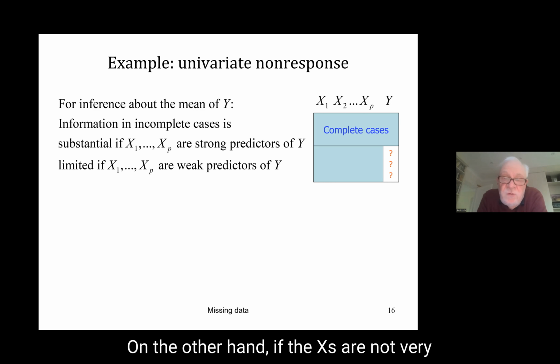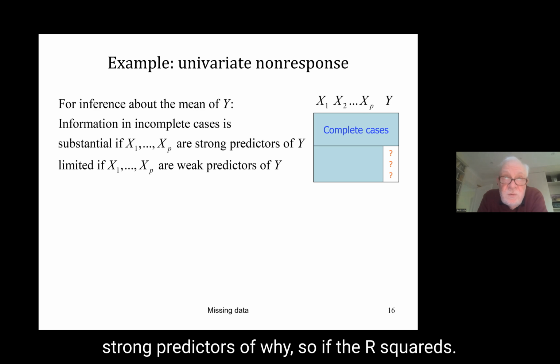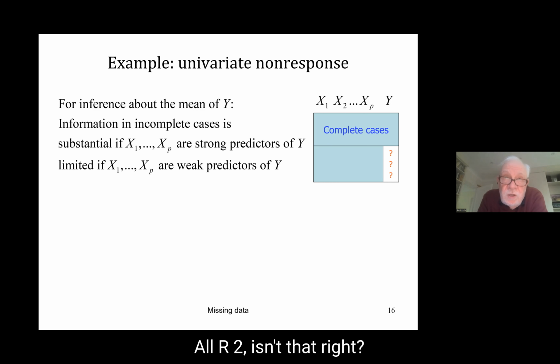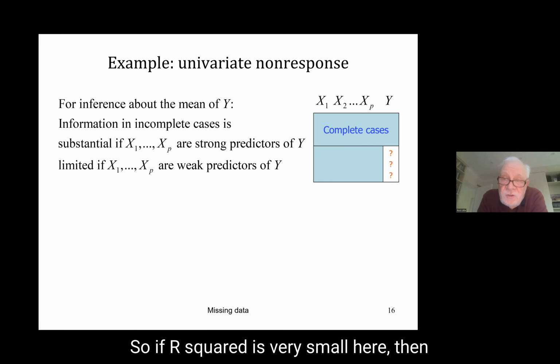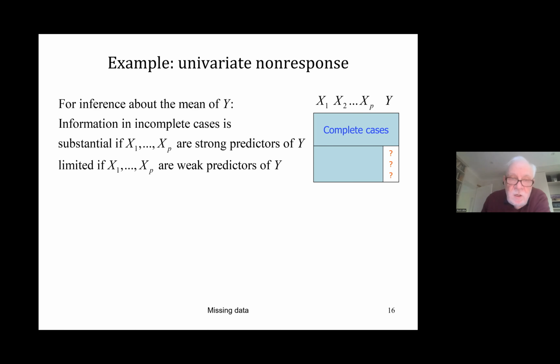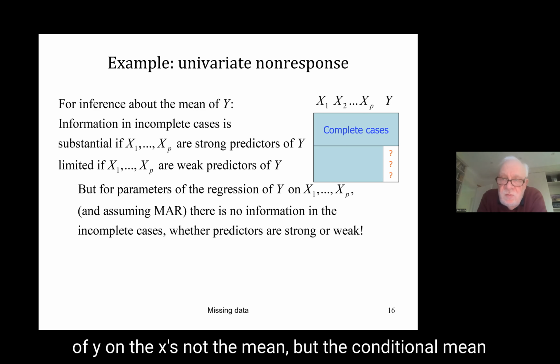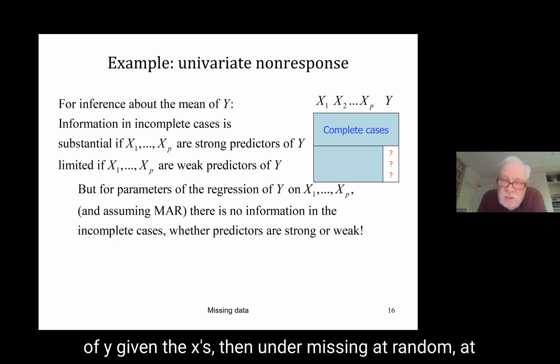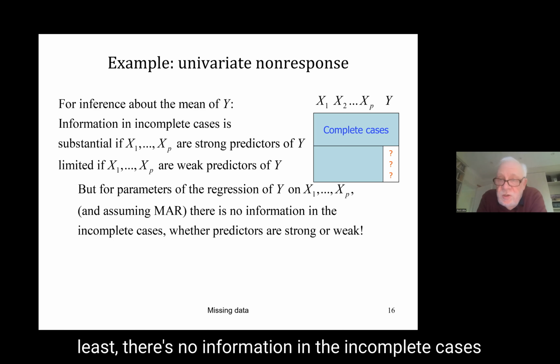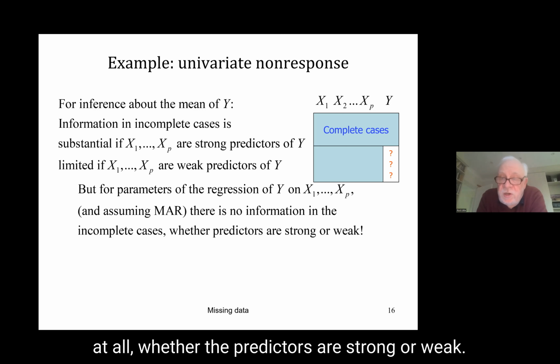On the other hand, if the x's are not very strong predictors of y, so if the R squareds, all R squareds in social sciences are 0.2, isn't that right? Isn't that the rule of thumb? So if R squared's very small here, then maybe they don't help you a whole lot. On the other hand, if we're interested in the regression of y on the x's, not the mean, but the conditional mean of y given the x's, then under missing at random at least, there's no information in the incomplete cases at all, whether the predictors are strong or weak.